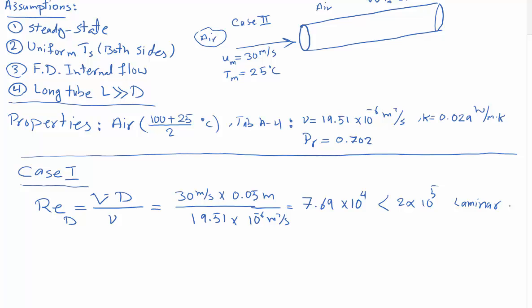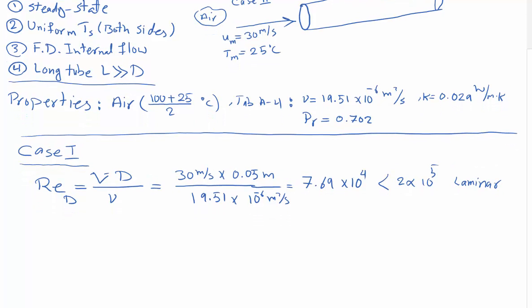If you go back to the list of correlations for the external flow, we found that there is one correlation that covers a wide range of properties, and that's the Churchill-Bernstein relation, for external flows.